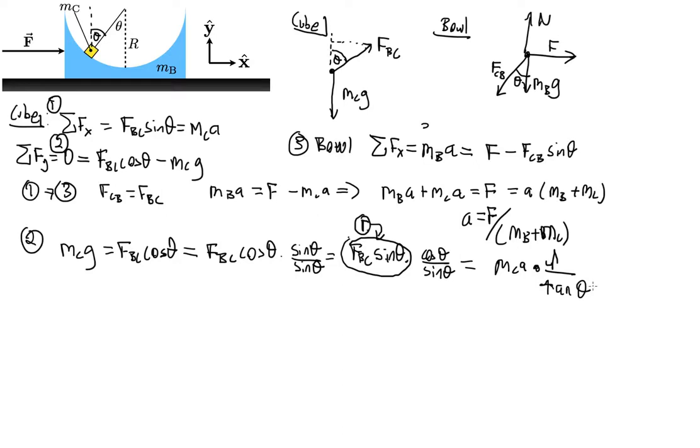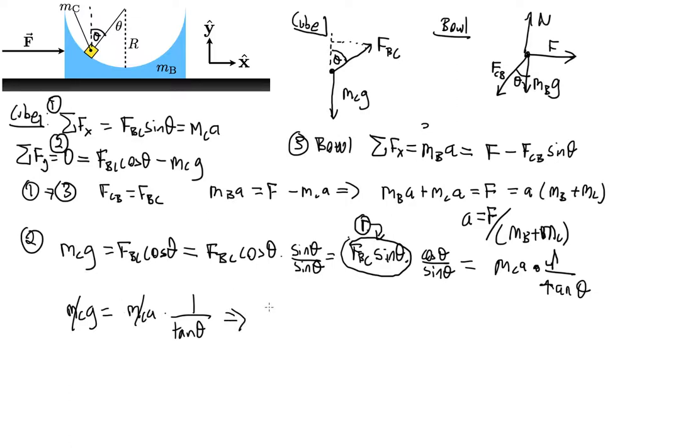Now, let's look at the beginning of the expression and the end of the expression. Let's bring them together just so we can see what's going on. mc times g is equal to mc times a times 1 over the tangent of the angle. And this is a fairly simple expression. I can cancel out the mc and solve for tangent theta.